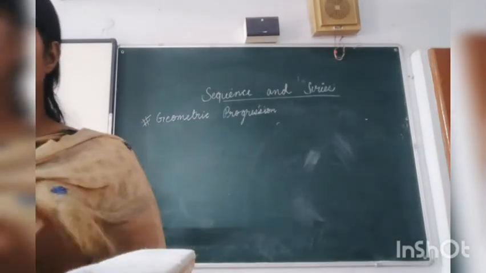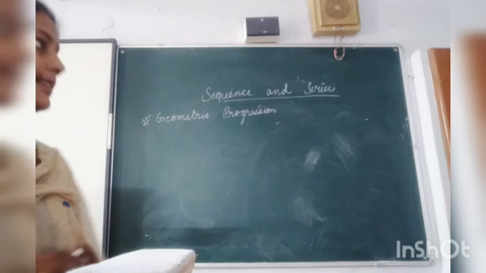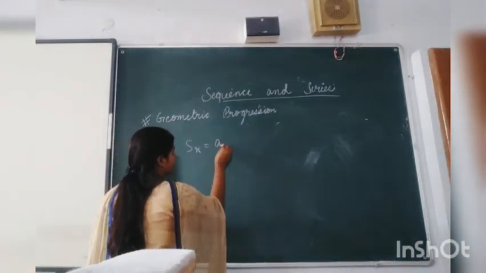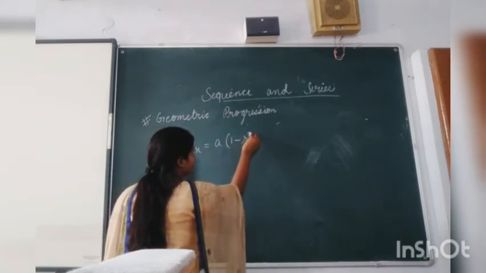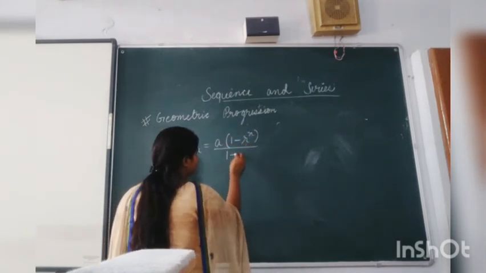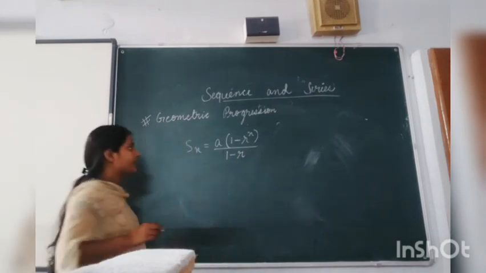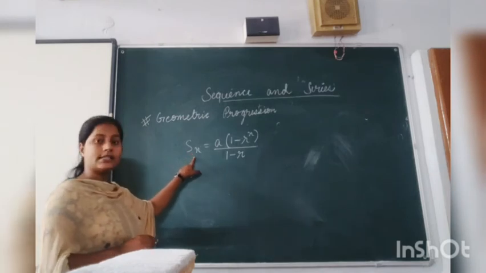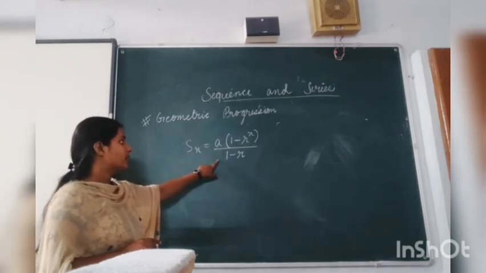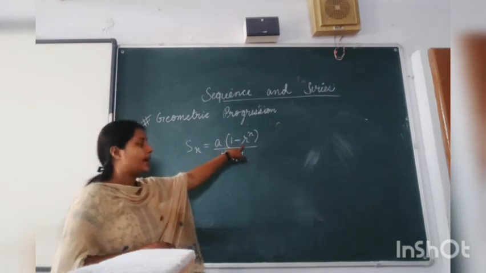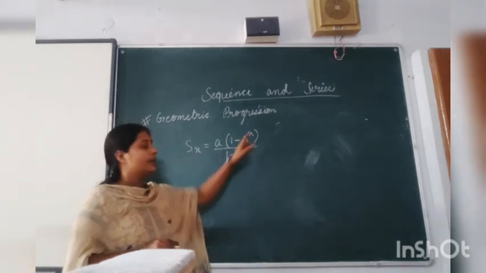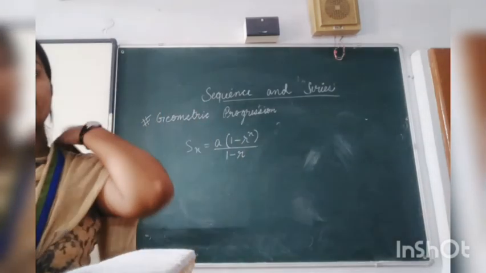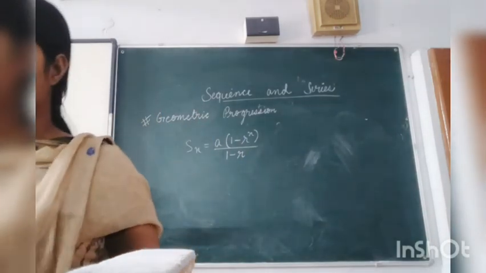The formula for sum of n terms of GP is Sn is equals to a into 1 minus r to the power n upon 1 minus r. यानी कि अगर हमारे ज्योमेट्रिक प्रोग्रेशन में n टर्म्स हैं तो we will find the sum of n terms with this formula, where a is the first term, r is the common ratio and n is the number of terms in that series. So like this we are going to find the value of sum of the series.